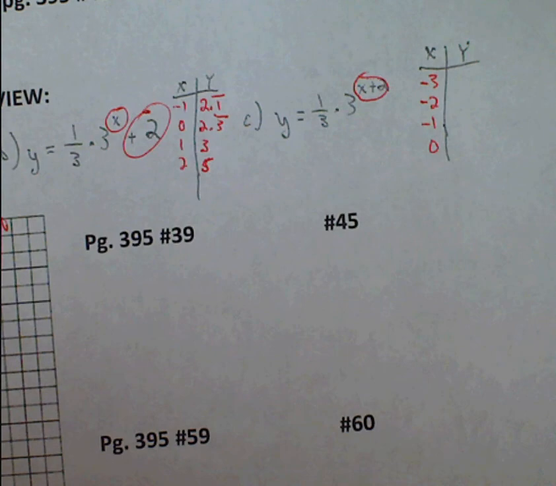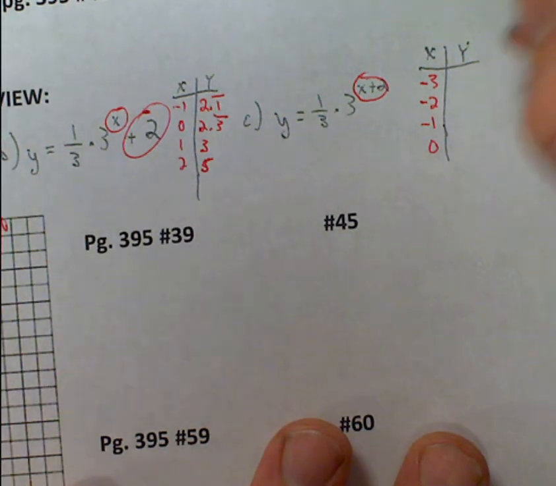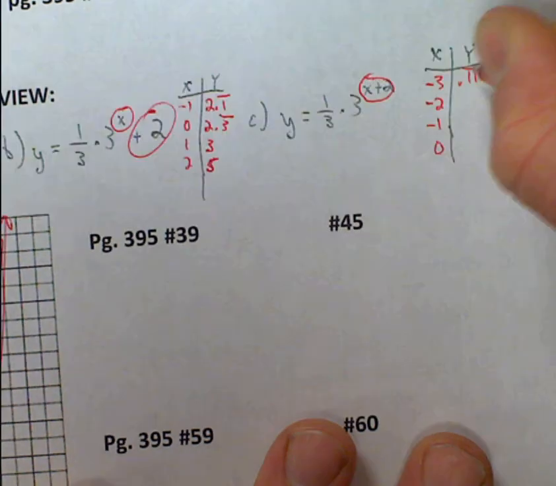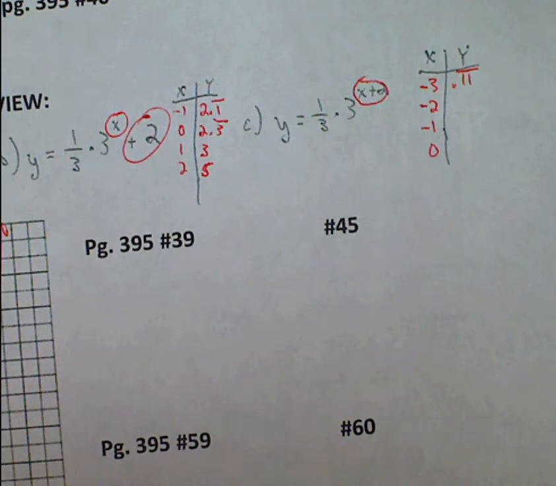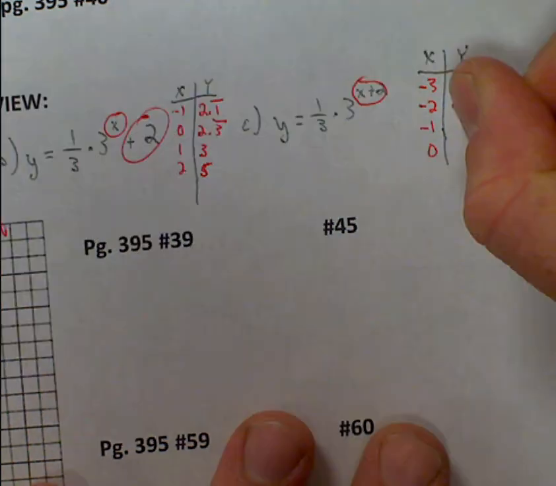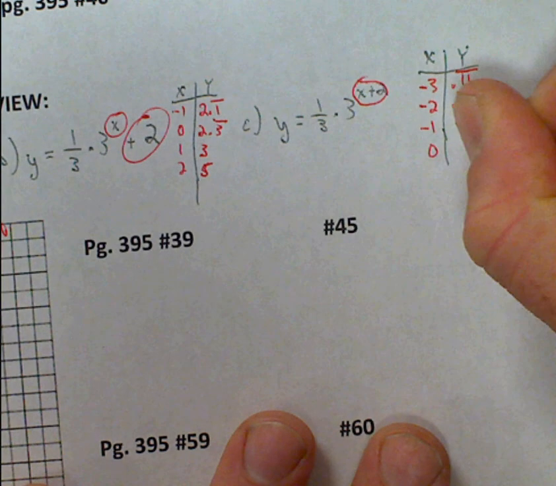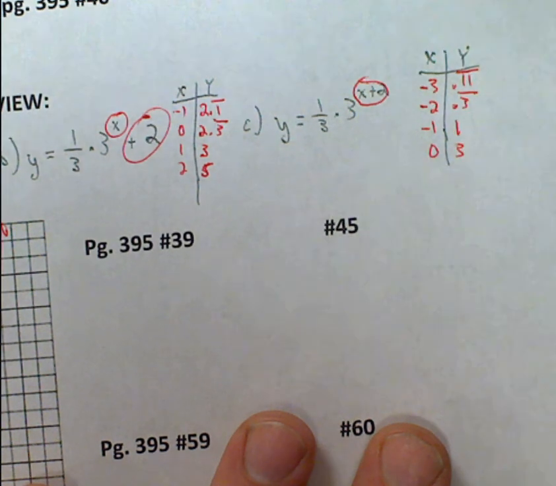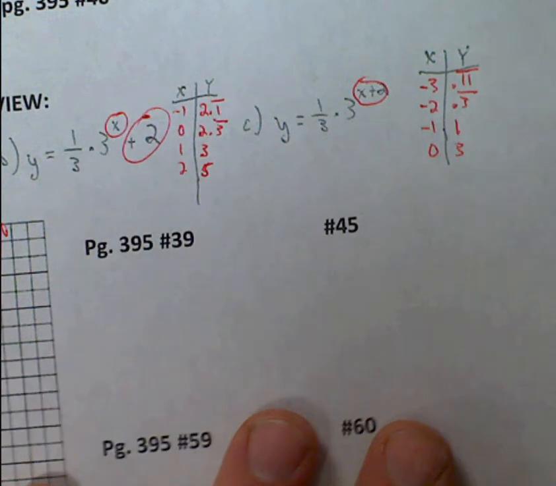So 1 divided by 3 times 3 raised to the -3 plus 2 gives me 0.11. -2, so 1 divided by 3 times 3 raised to the -2 plus 2 gives me 0.3 repeating. That'll give me 1. This will give me 3.